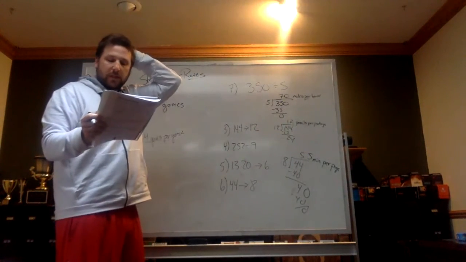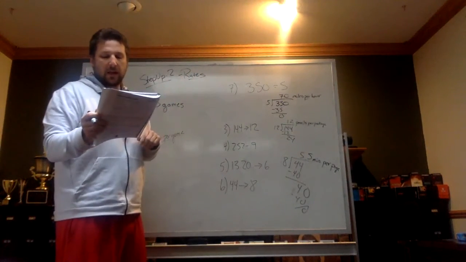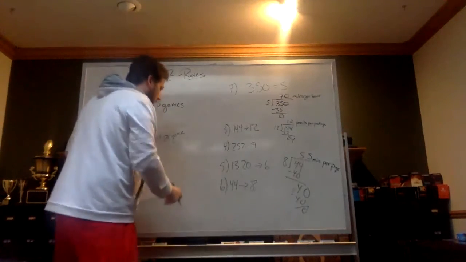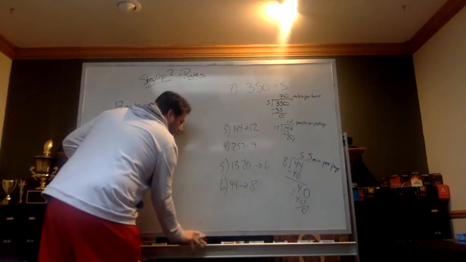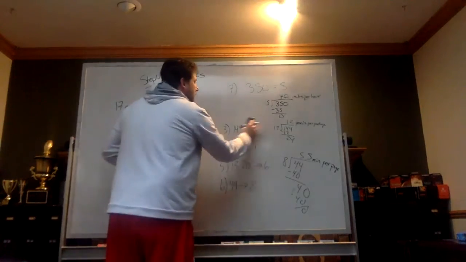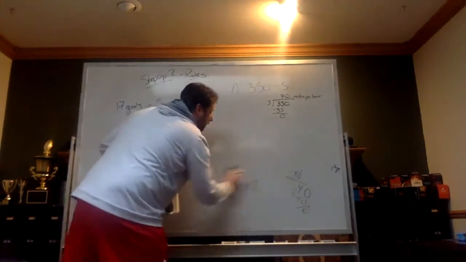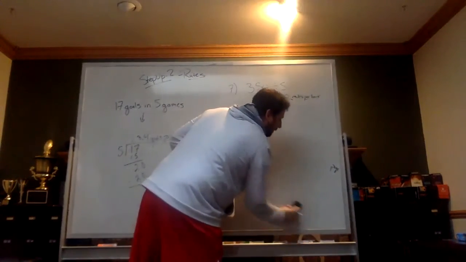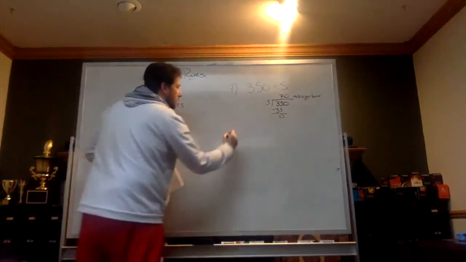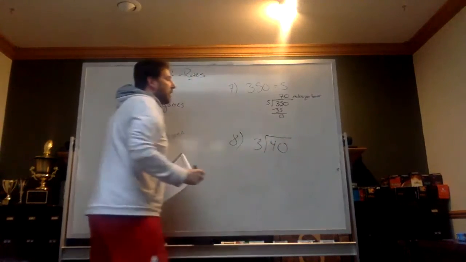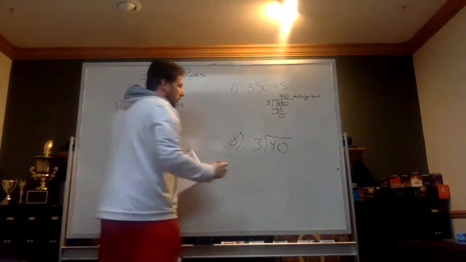And number 8, estimation. Bare root plum trees are on sale at 3 for $40. To the nearest dollar, what is the cost per tree? So we want to round to the nearest dollar. We have 3 trees for $40, so 40 divided by 3.